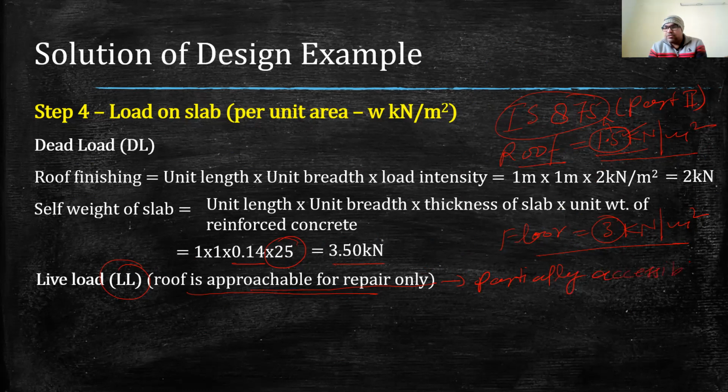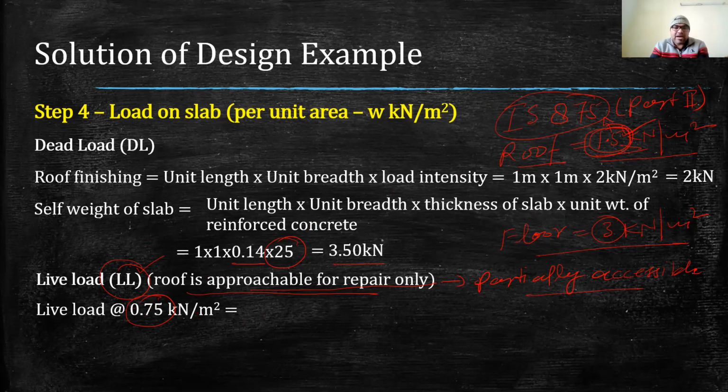In that case, should we provide the full intensity of live load or the partial intensity? Generally, when we have partial access, we provide half of the intensity recommended by the IS code, which means this time we will be taking half of this value. Half of this value will be 0.75 kilonewton.